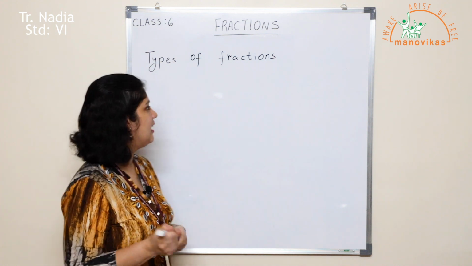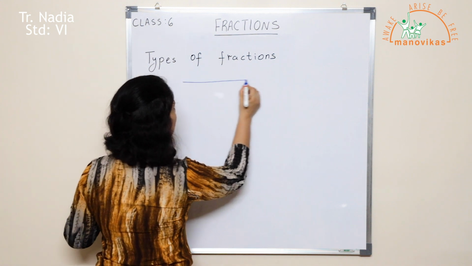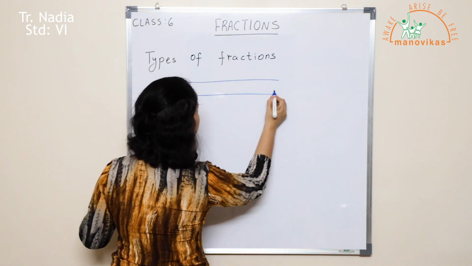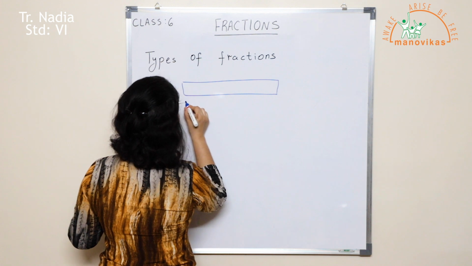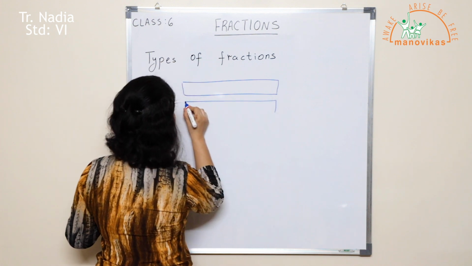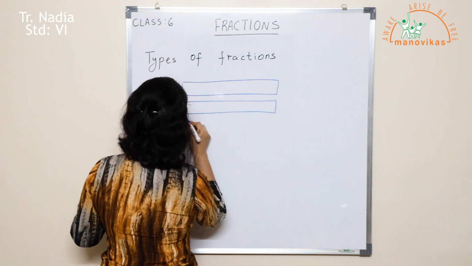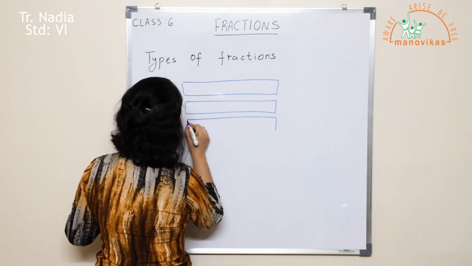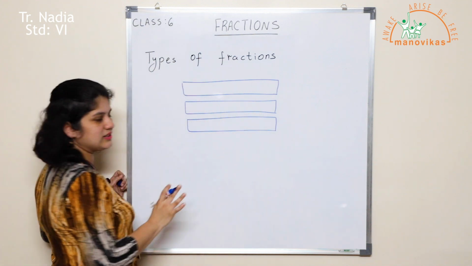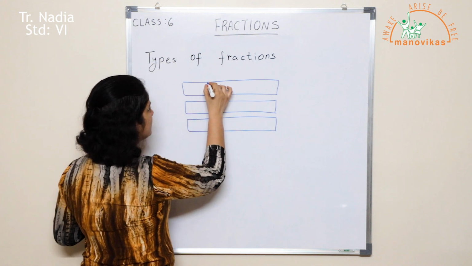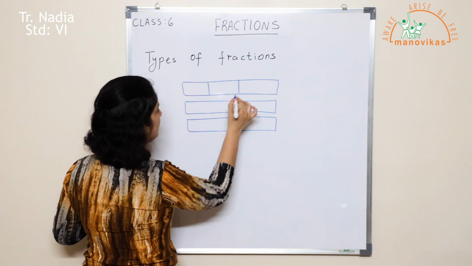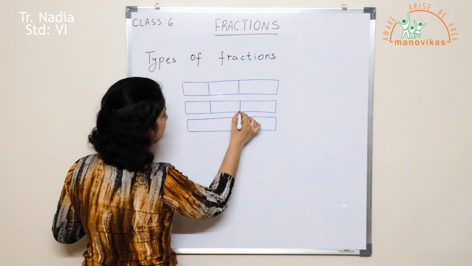Now in the slide we saw that there were 3 strips of paper. Or we can say any 3 strips were given. There were 3 equal strips. Each strip was divided into 3 equal parts.